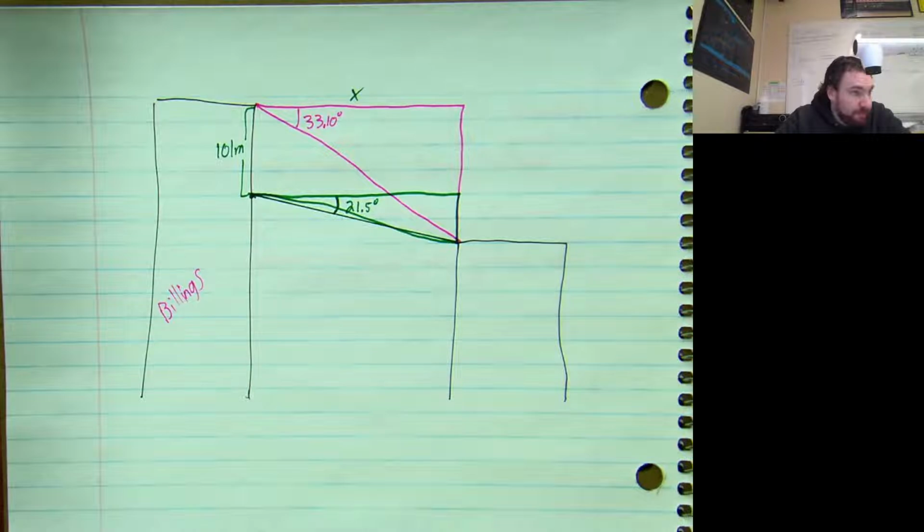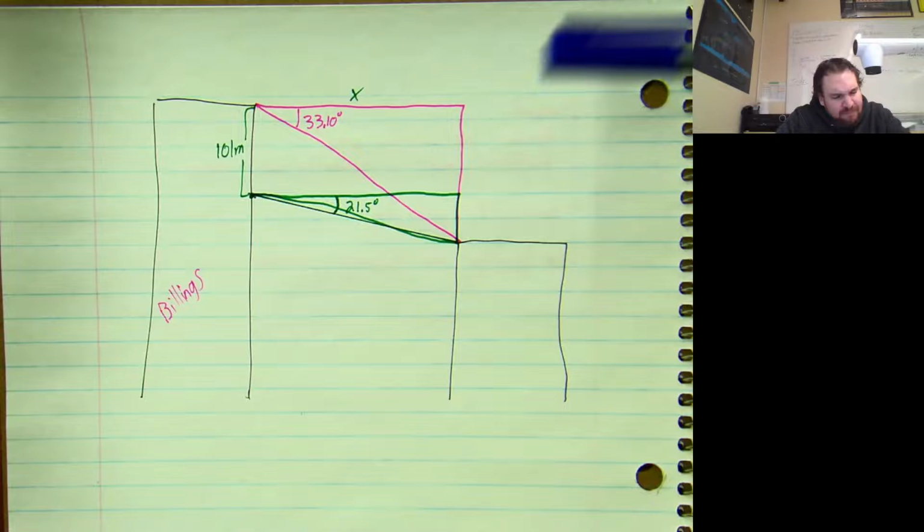Okay. Does anyone have an idea of maybe where they want to start with this question? Zaid, what do you think? Well, you have 33.1 degrees there. So you can subtract that from 90 to get the degrees of the 101 meters. Say that again? So you have the 33.1, right?